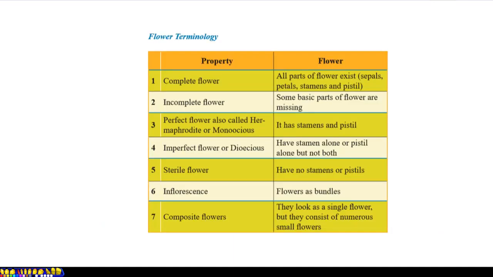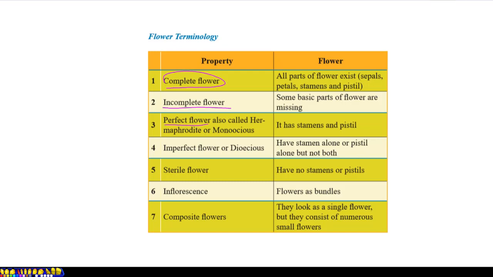Some terminology about the flowers. The complete flowers are the flowers which have all four parts: calyx, corolla, stamen, and pistil. We call them complete flowers. But if any of these four parts is missing, we call them incomplete flowers. It doesn't matter whether the missing part is directly related to reproduction or not; having one missing part makes it incomplete.